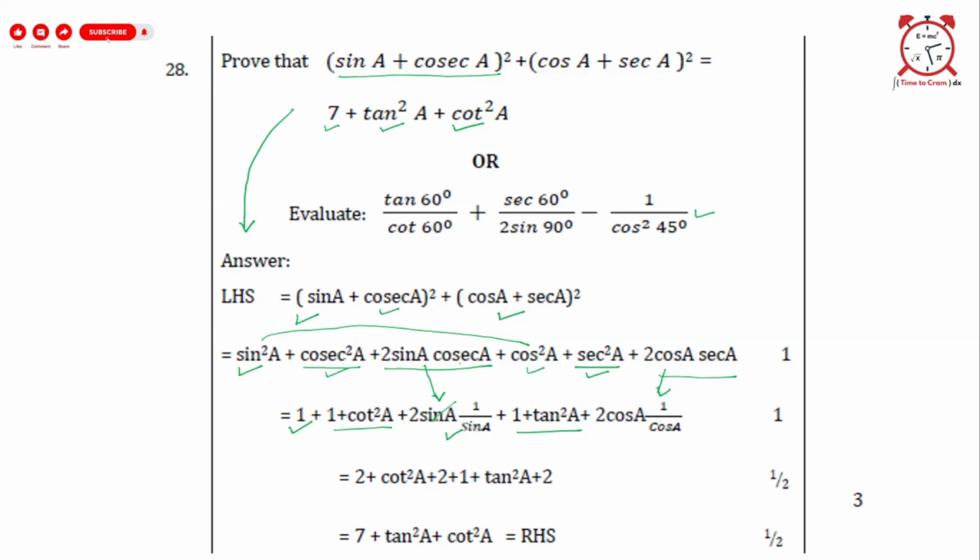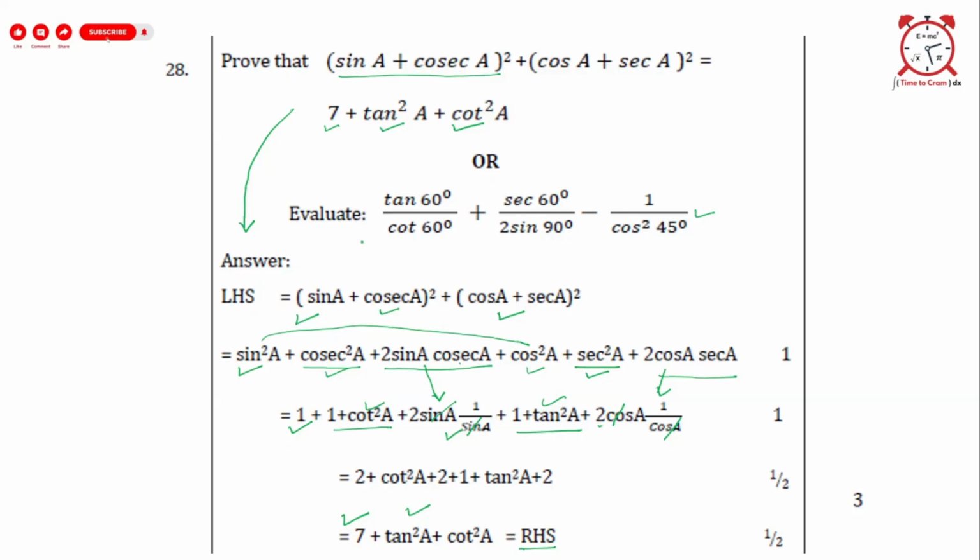So here it is cut, this also cut. So we can see here 1 plus 1 is 2, 2 plus 2 is 4, 4 plus 1 is 5 and 5 plus 2 is 7. So 7 and this tan square A plus cot square A. So LHS is equal to RHS.